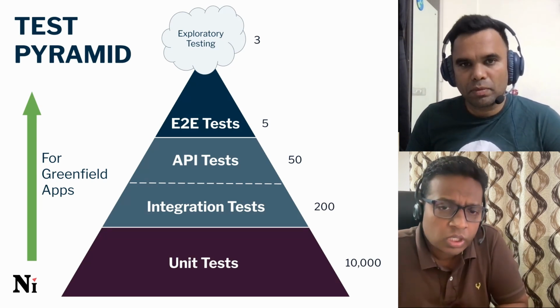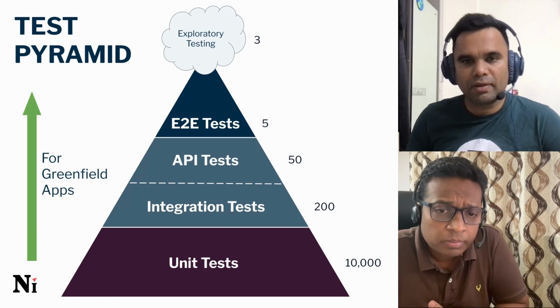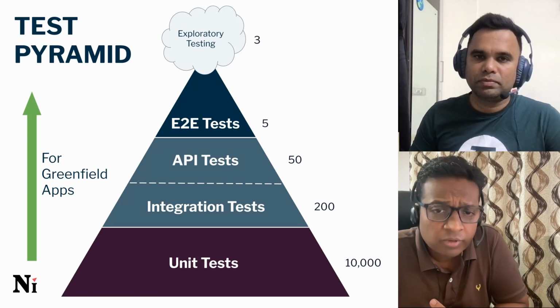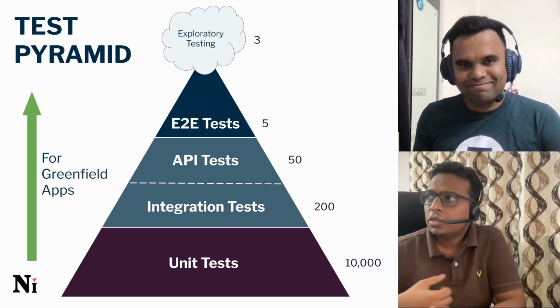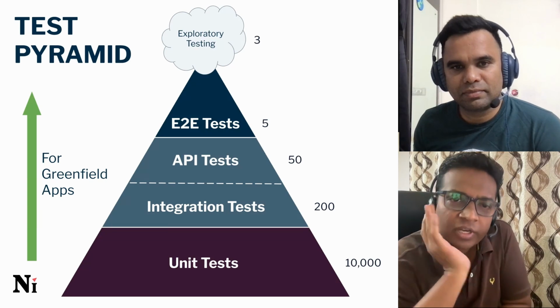And that's how over a couple of months, the whole pyramid will start to show up. But you will make sure that the shape remains consistent right from day one, that there are a lot more unit tests than integration tests and then API tests. Cool. So you're building the test pyramid from bottom up in the case of greenfield apps.